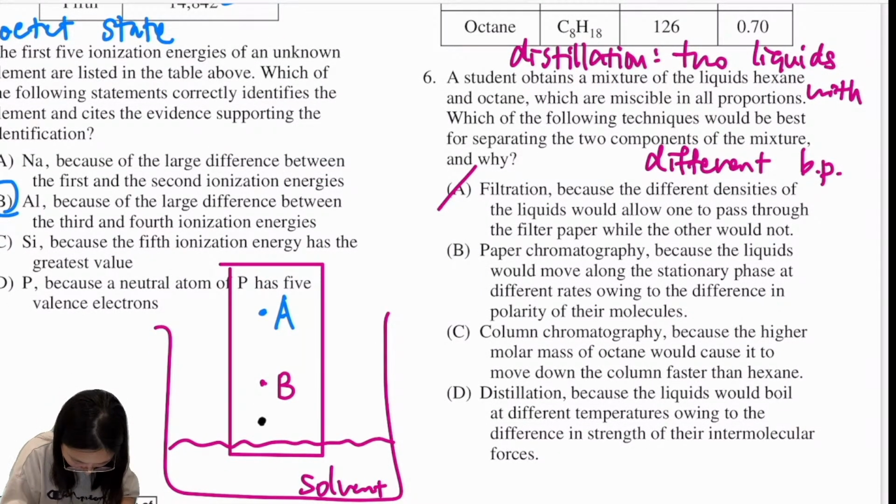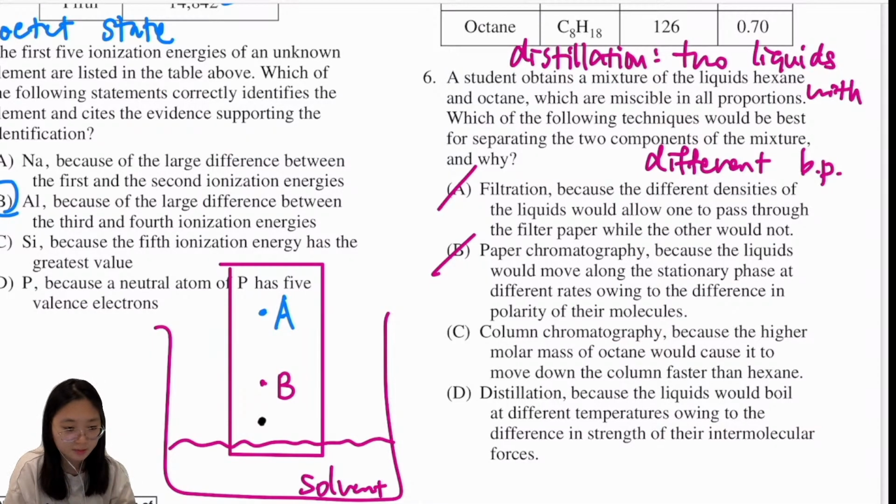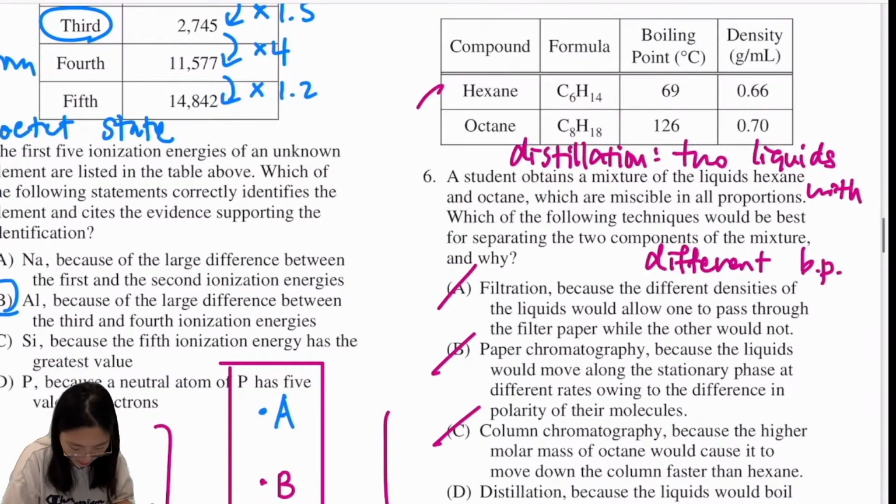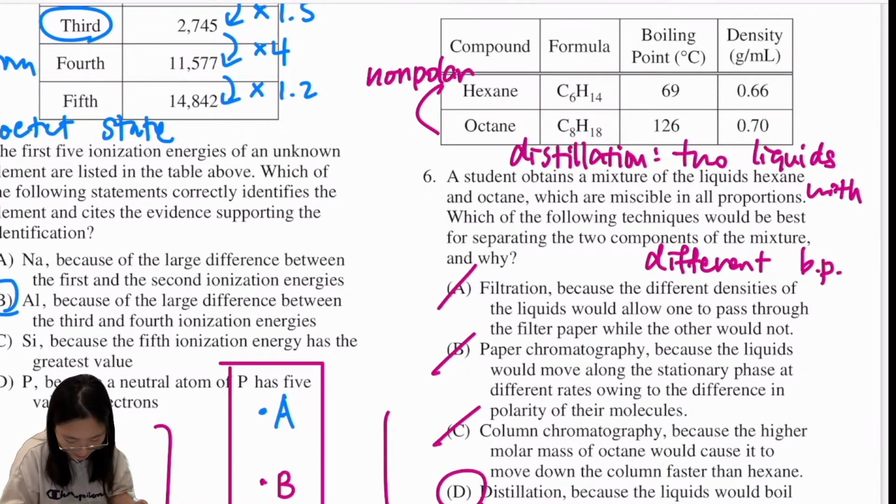So it's not going to be paper chromatography, and column chromatography is very similar, with a stationary phase and a mobile phase, and it also depends on polarity. Since the polarity is the same, we can only take advantage of the fact that they have different boiling points.